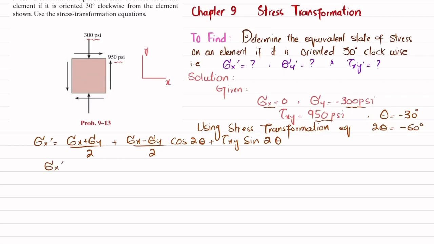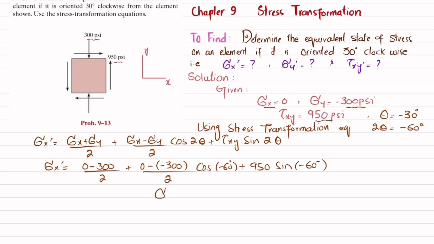When you rotate the element 30 degrees clockwise, sigma x dash will be equal to 0 minus 300 divided by 2 plus 0 minus, and sigma x is minus 300 divided by 2 into cos of 2 theta, minus 60 degrees, plus tau of xy, which is 950, into sine of minus 60 degrees.